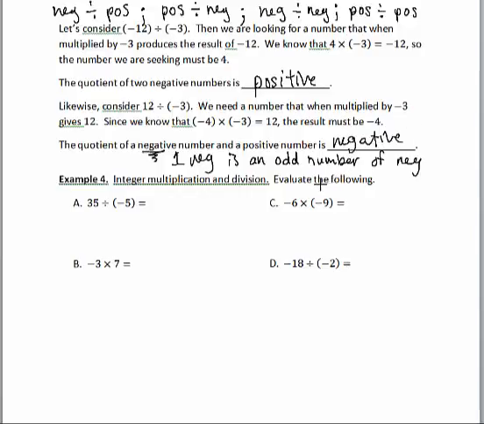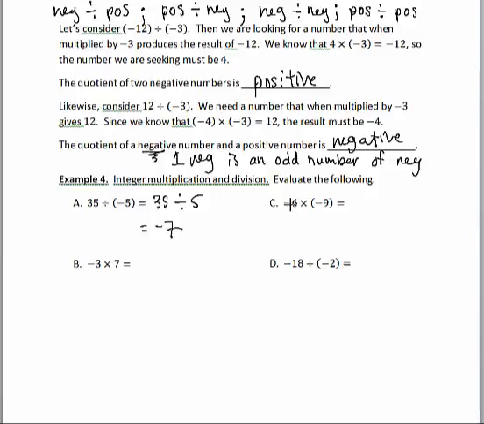Okay. So what we have here is 35 divided by 5. If we ignore the signs, 35 divided by 5 is 7. Now if we go back to the original problem and just simply count the negatives, we only had 1. And so that should be a negative 7.